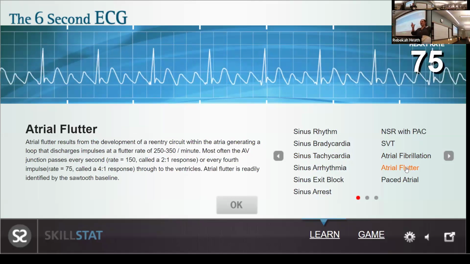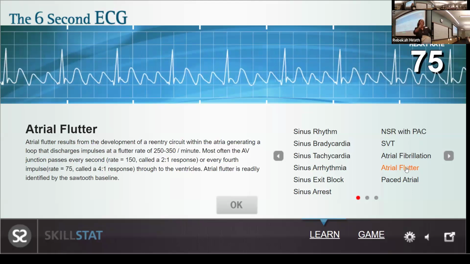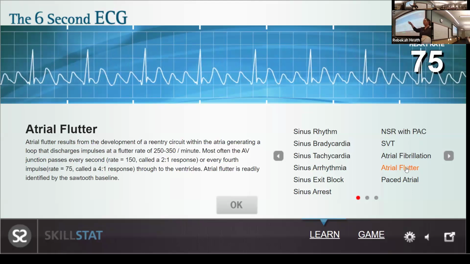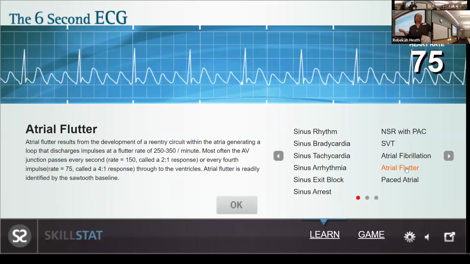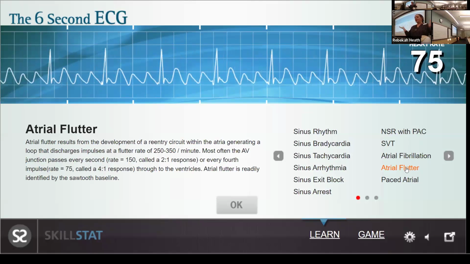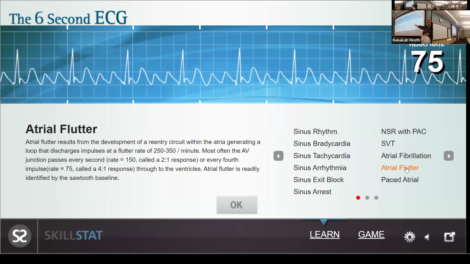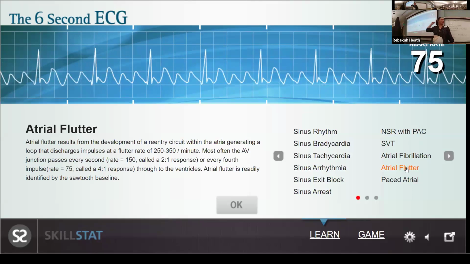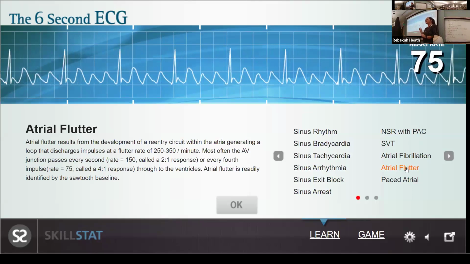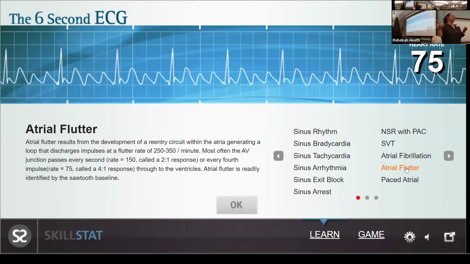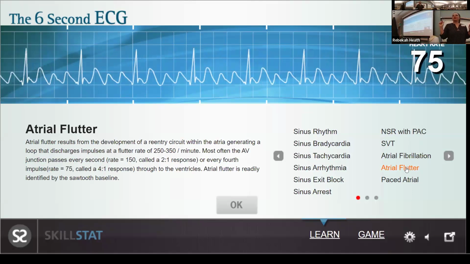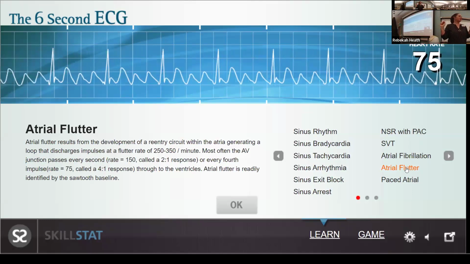You can see the QRSs are regular, happening in a regular pattern. And are there P waves? There are P waves, but there are too many of them. What's that characteristic of atrial flutter that we look at for the P waves? Do you remember what it's called?